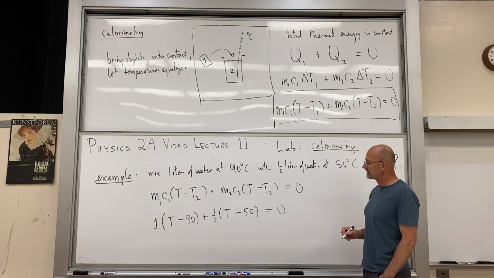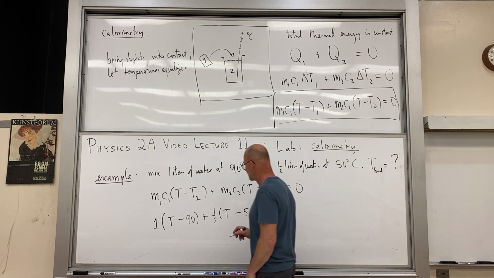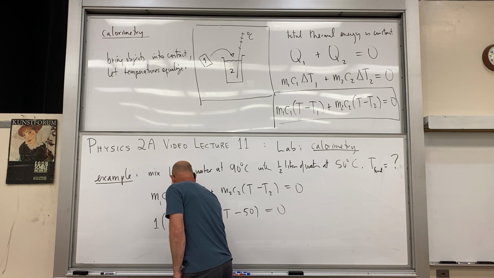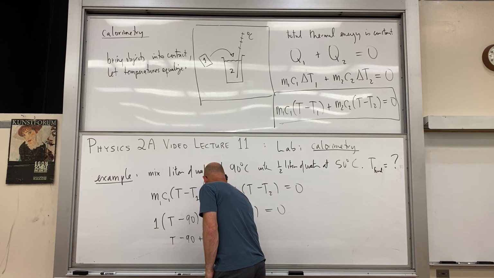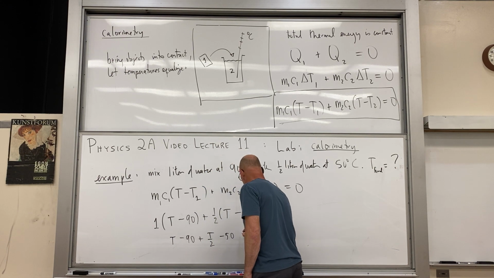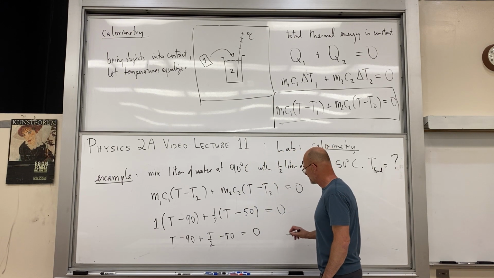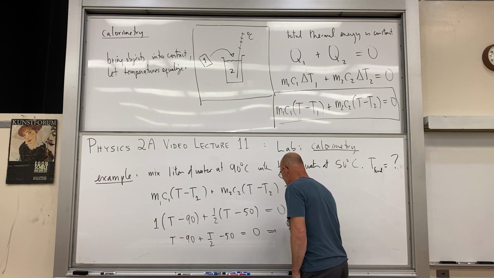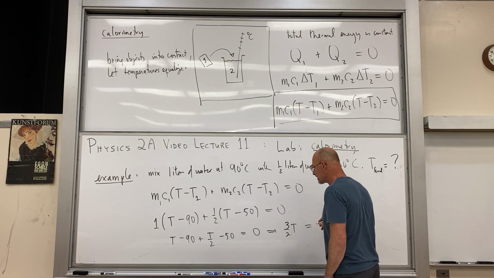Okay. And now you want to solve for the final temperature. So you'd have T minus 90 plus T over 2 minus 50 equals 0. And I see we have 3/2 times T is equal to 140.